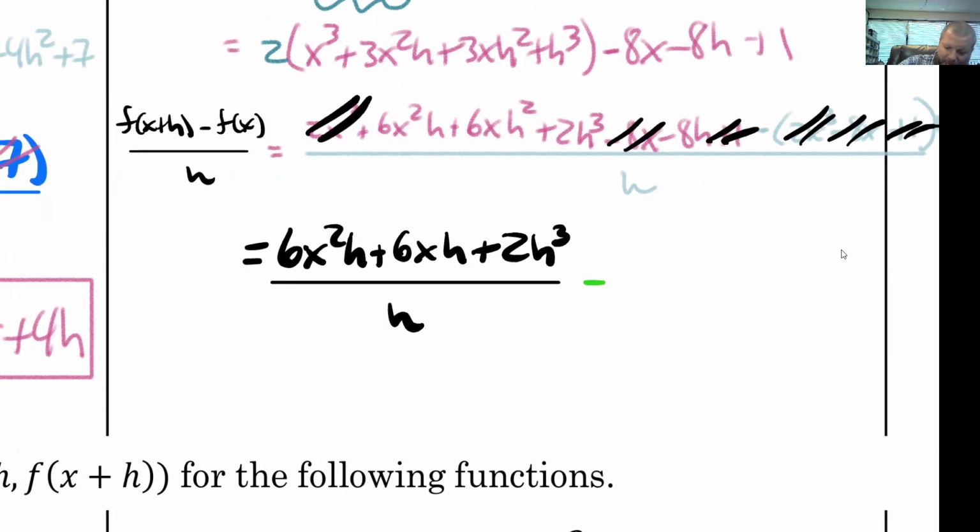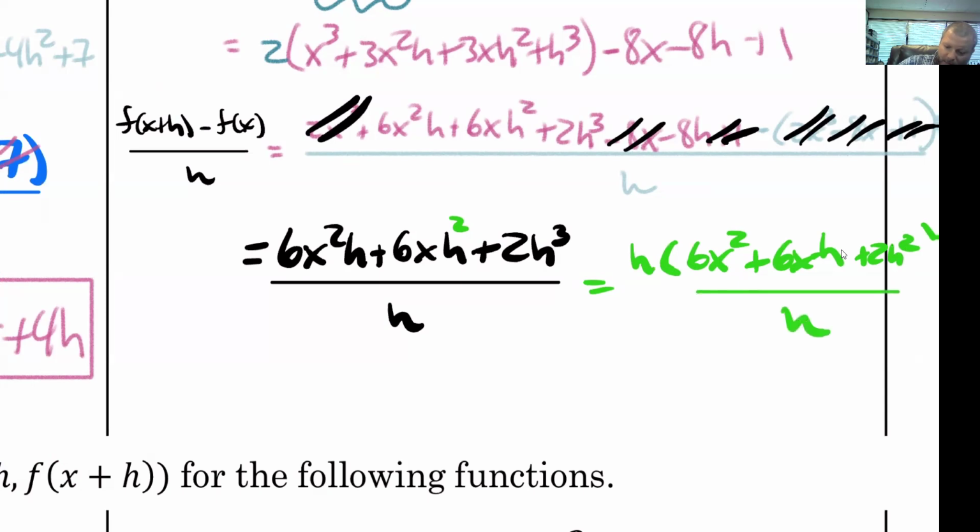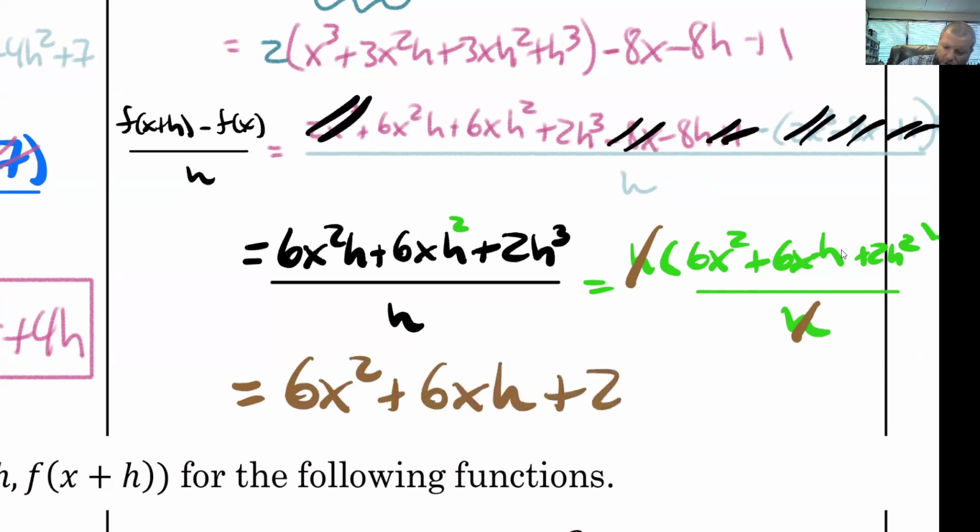We can factor the h out, or you can just cancel into every term being added on the top. Either way, we're going to get a 6x squared plus 6xh plus 2h squared all over h. I'm missing a squared or something. Yeah, that should be a squared right there. Once again, our h's cancel, and I'm left with my difference quotient of 6x squared plus 6xh plus 2h squared. And that will be the difference quotient here. And I'll do the next row in the next video.